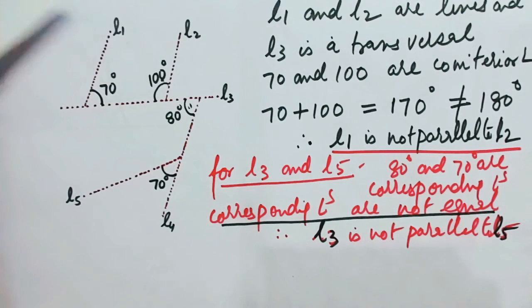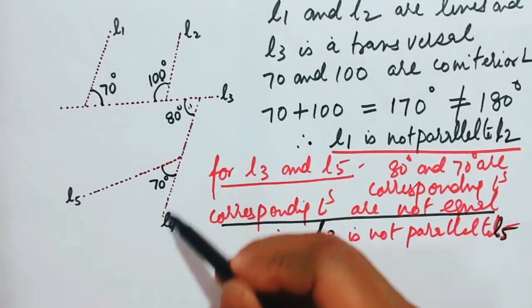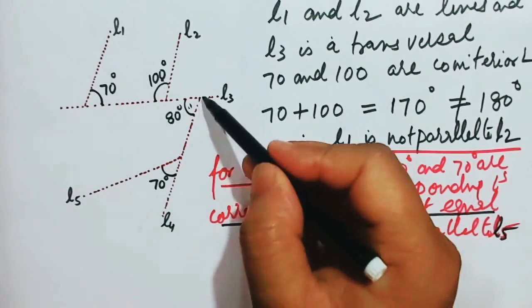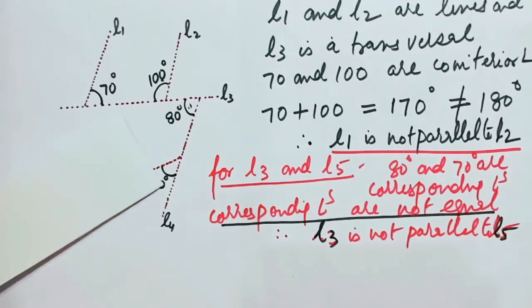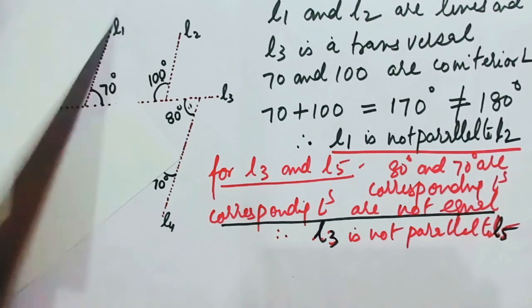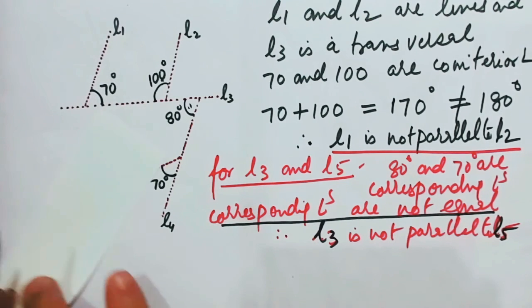What about this L4 and L2? So for L4 and L2, let me hide the remaining so that it becomes very easy for you to judge.